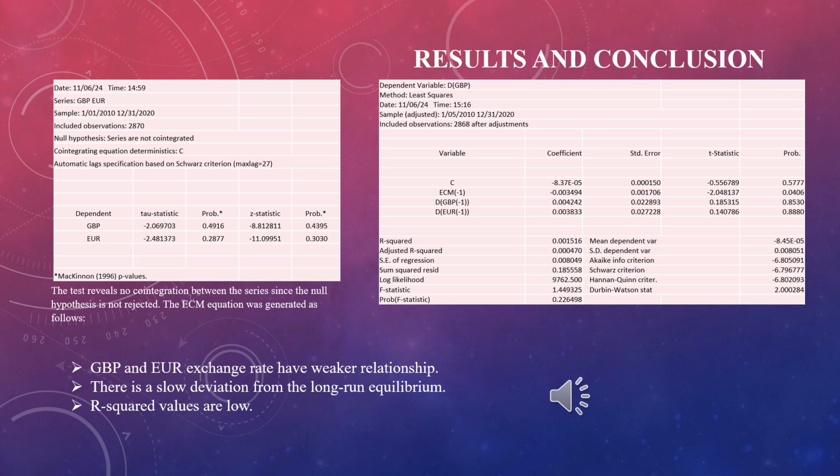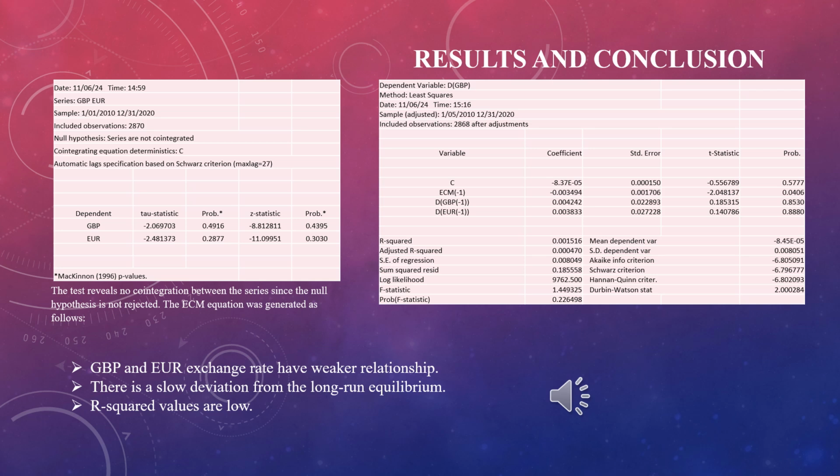The two series are not cointegrated during the sample period from 2010 to 2020. Go ahead and conduct an ECM in order to study the short-run dynamics between the two series. From the result of the ECM, the relation between the EUR and GBP exchange rates is rather weak. The adjustment to deviation from the long-run equilibrium is very low.